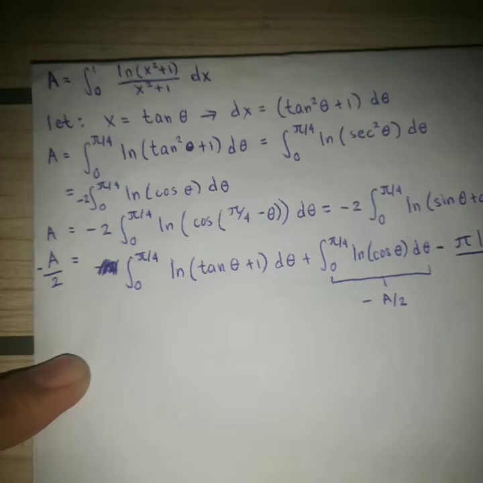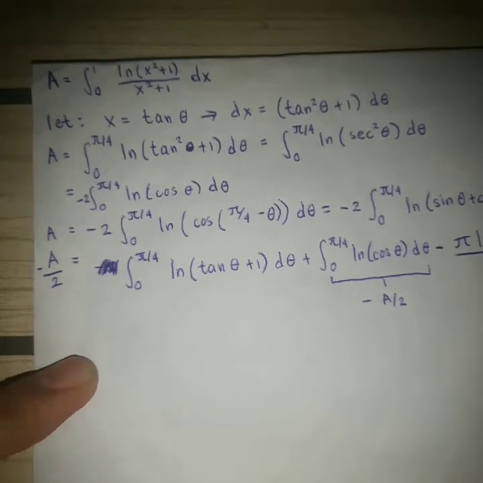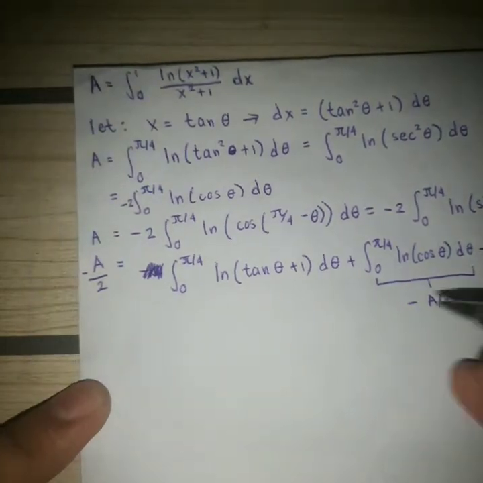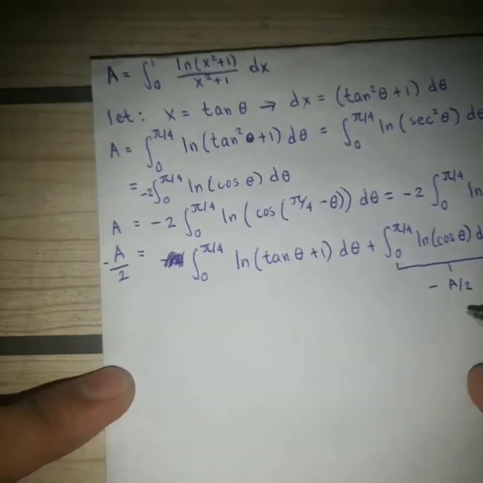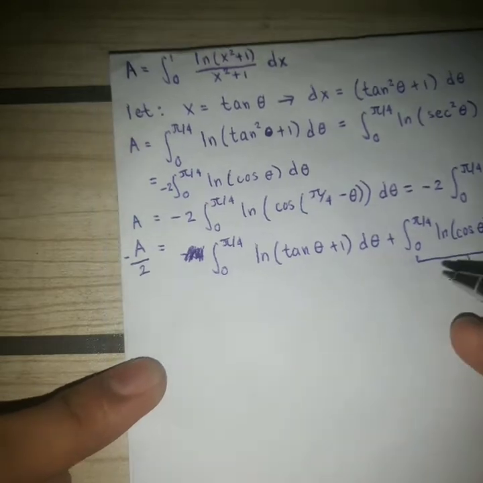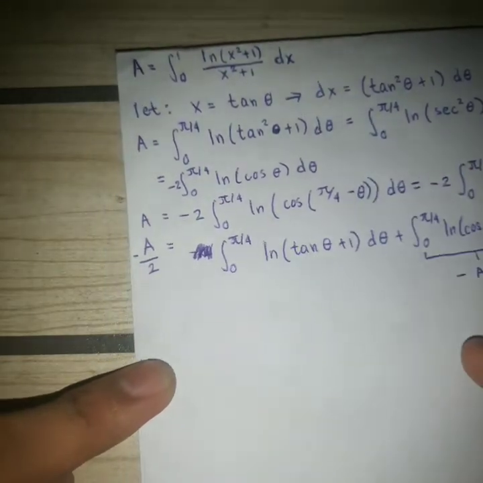So now, since both sides are having a negative A over 2, we can just cancel those like terms.